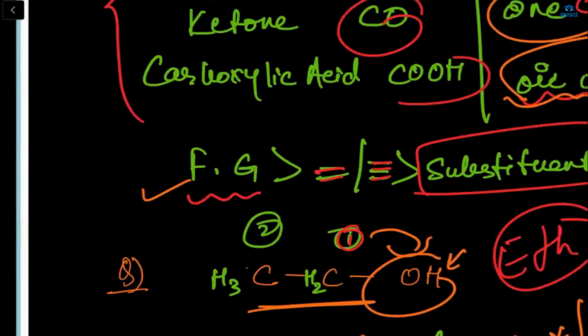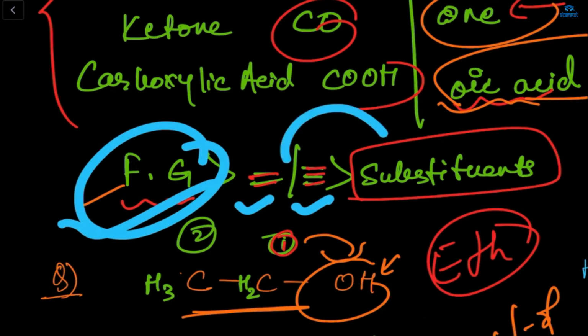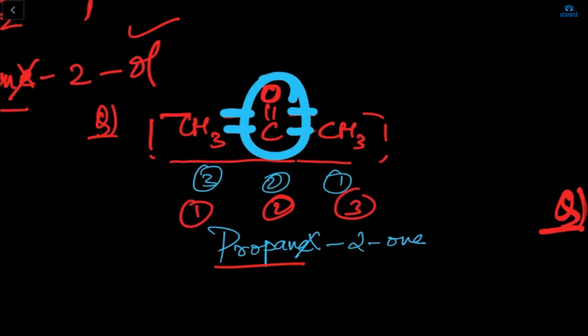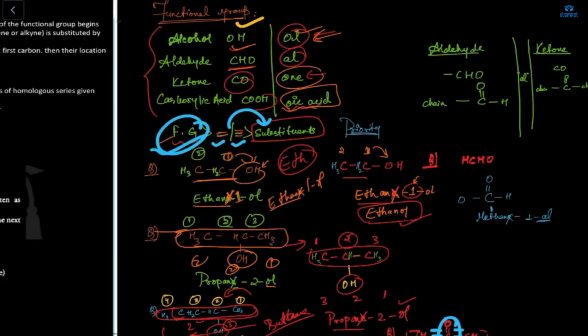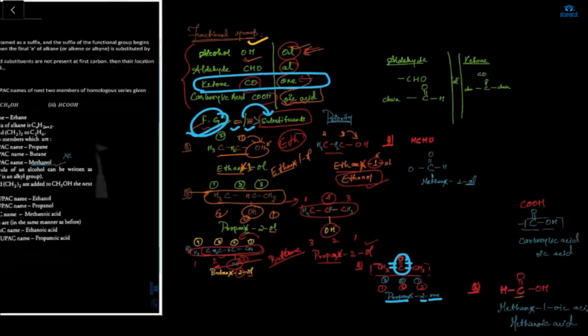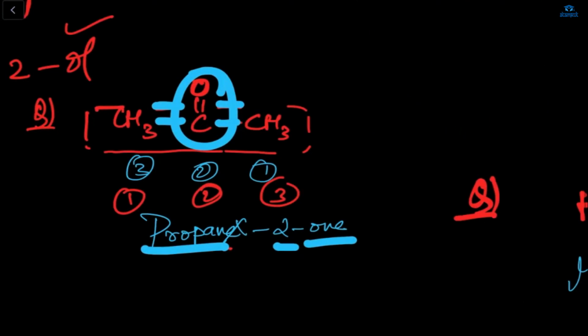As we discussed, priority goes to the functional group first, then to the double or triple bond, and after that to the substituents. So here we give priority to this functional group. We will write propan-2-one. Why? Because this is your ketone group, the CO, and that's why we write propan-2-one.